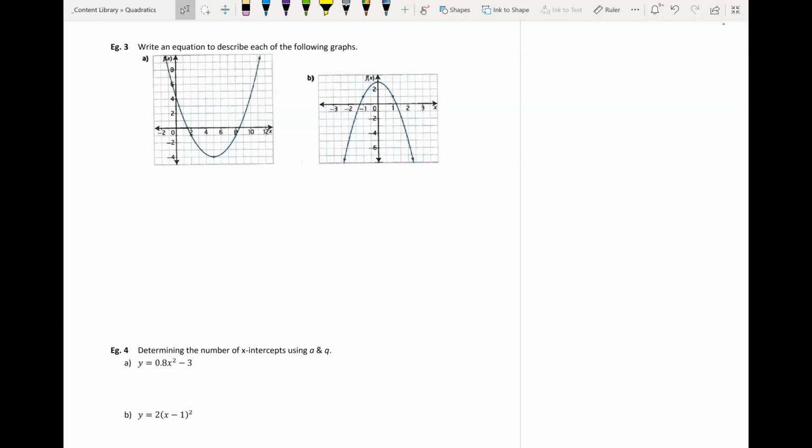In example 3, we were given the graph, and we want to find the equation. So the first thing I can do is read off my vertex. We have a vertex at 5, negative 4. And I can look at a next point and record that. So this next point can just be 2, negative 1.